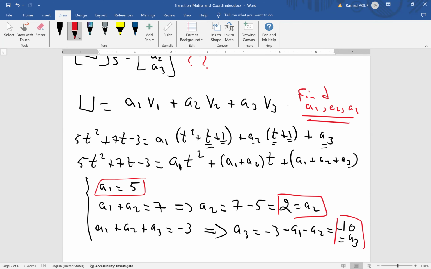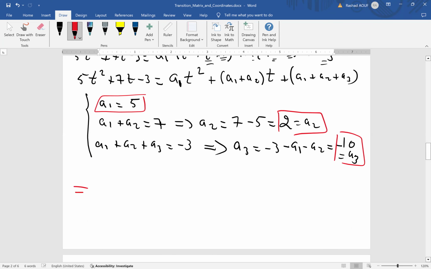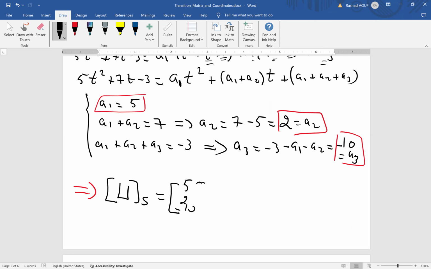The coordinates of u with respect to S equal (5, 2, minus 10). What does it mean? It means u equal 5 v1 plus 2 v2 minus 10 v3.